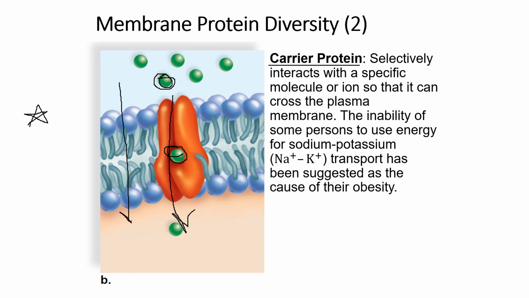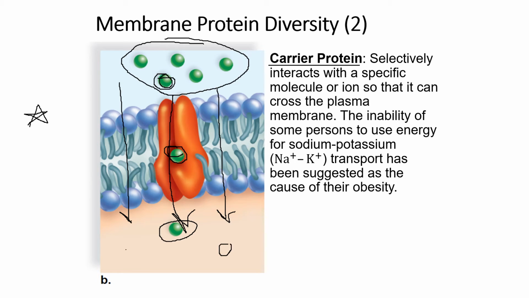Usually these proteins, either carrier or channel, are dependent on diffusion. So you need a concentration gradient. So you'll notice there's lots more cargo out here and very little cargo in here. So the cargo will want to travel in to balance out. And once it's balanced, the transport would stop.